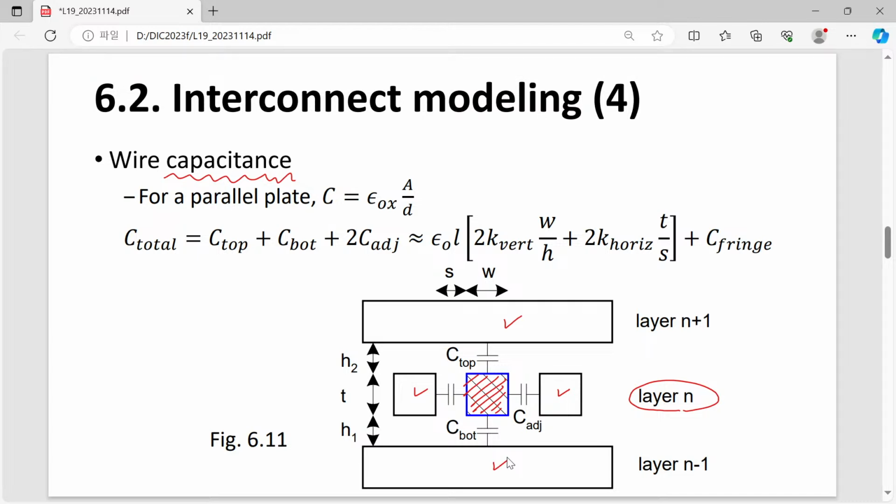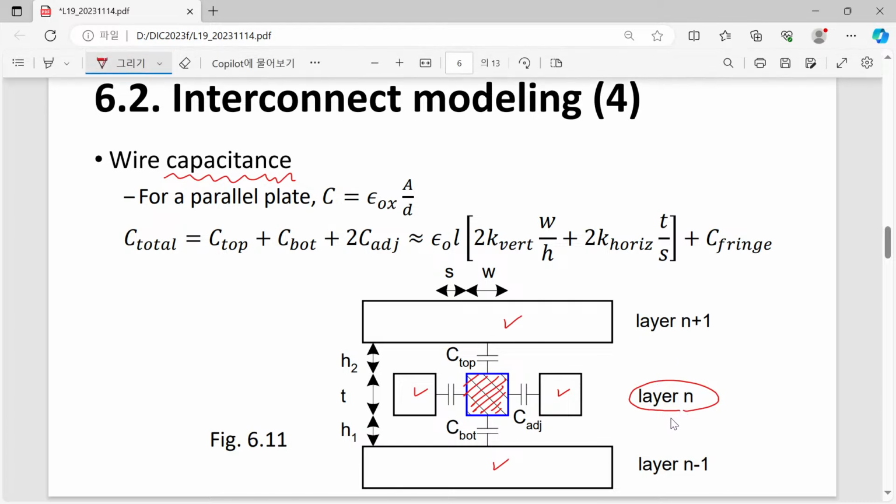Of course, you may say, oh, how can we connect this layer n plus 1 and layer n? Or how can we connect layer n and layer n minus 1? However, connecting these layers happens in a relatively small part.